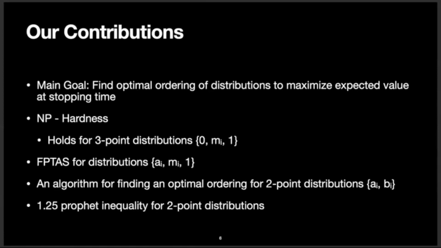In addition, we show that in this case, there is an FPTAS, which improves on the PTAS result from before. And this holds when the left endpoint can be different, so here only the right endpoint needs to be the same. Finally, we have an optimal ordering for 2-point distributions, and we have a 1.25 prophet inequality that holds for 2-point distributions.